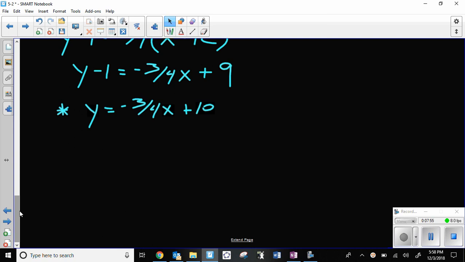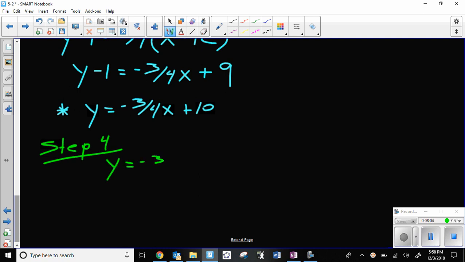Okay. Last step, we're going to move on to step 4 now, because I have two equations of lines. I need to use y equals negative 3/4 x plus 10 and x equals 6. Well, immediately you should be able to tell me that I know the x-coordinate is 6 from this equation right there.